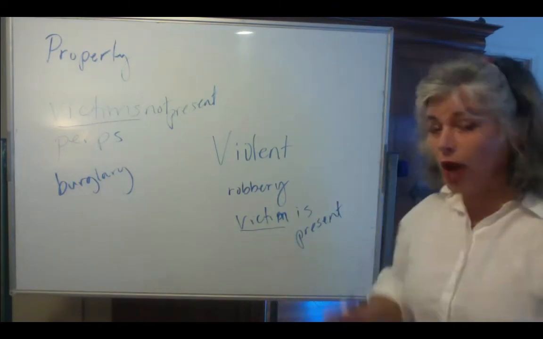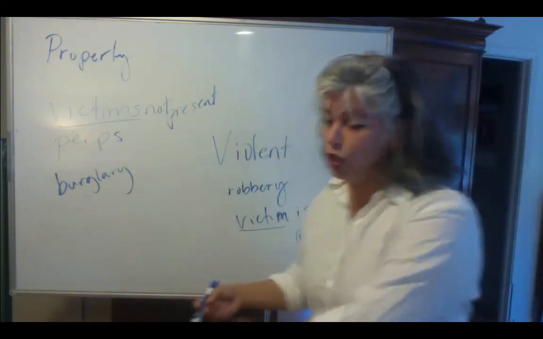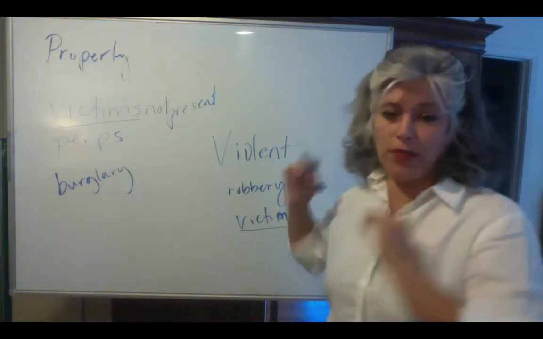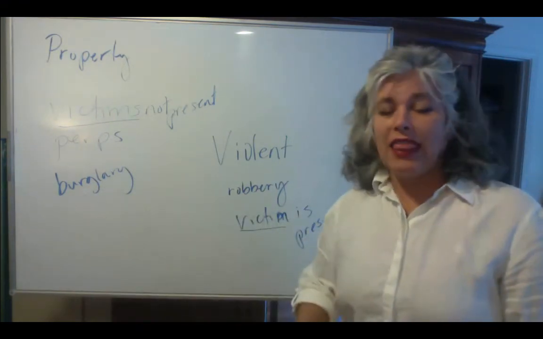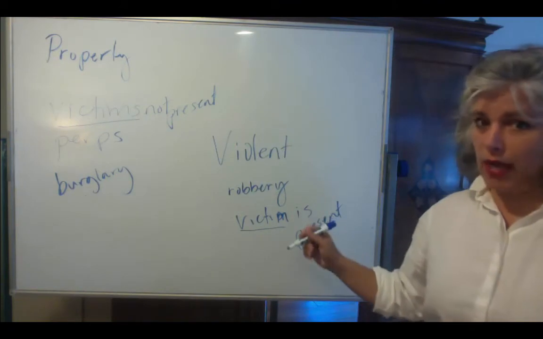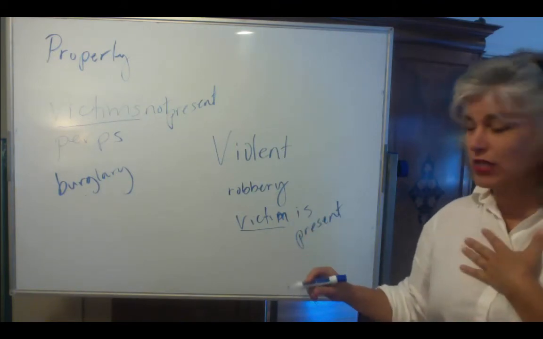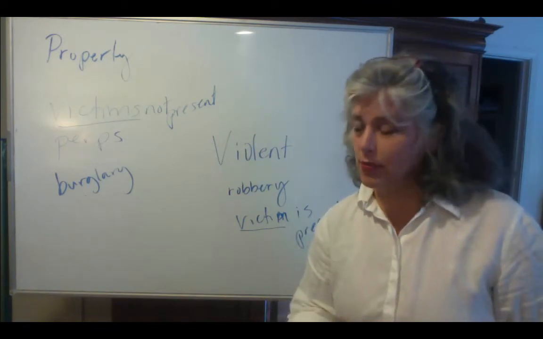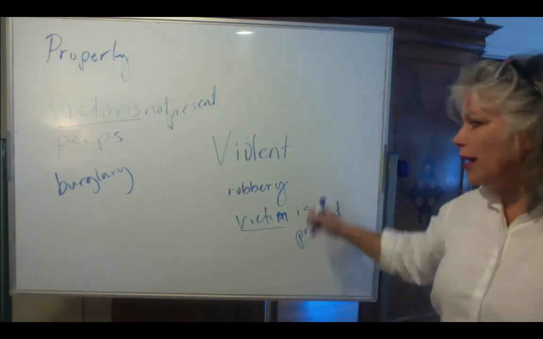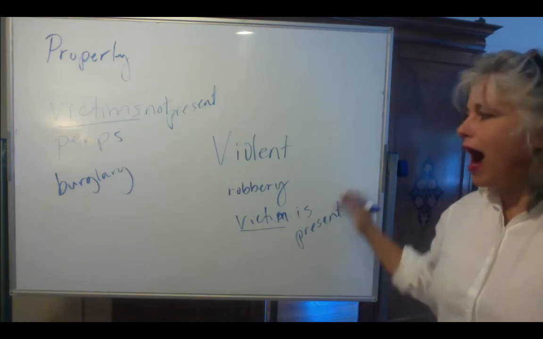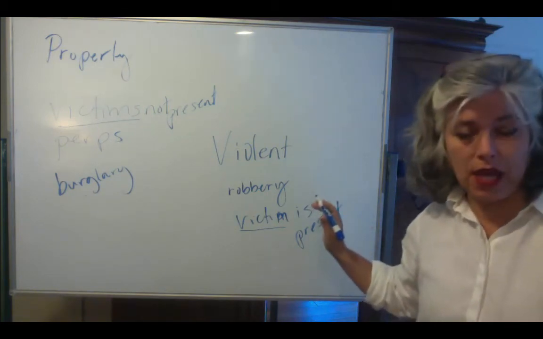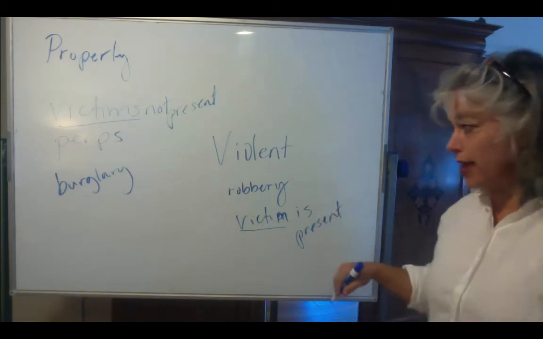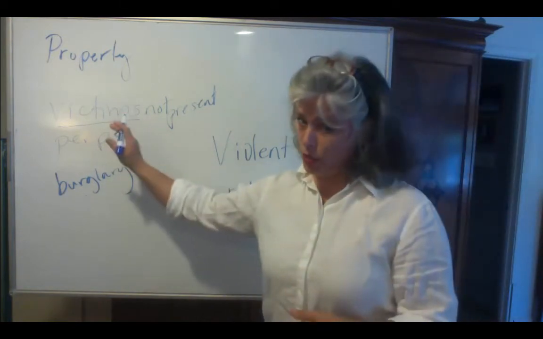So if I was at a stop sign and somebody jerked me out of my car and jumped in my car and drove off, then that is a violent crime. Yes, I was deprived of my property, but I was also assaulted and endangered in the process. So violent crimes tend to have higher penalties, higher sanctions associated with them than property crimes do.